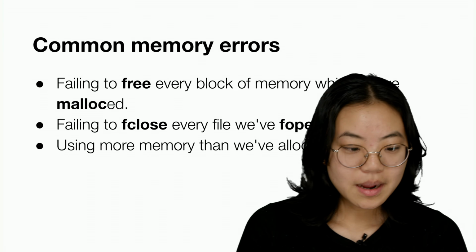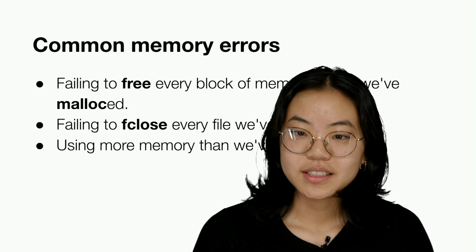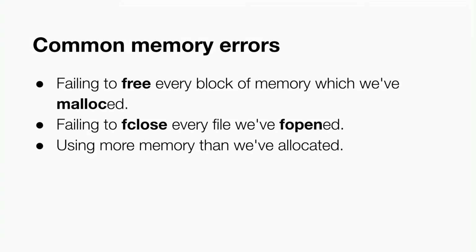A few more memory errors that are pretty common: what we just saw was failing to free every block of memory which we've malloced. So if I didn't have that free call at the end, that would be a memory error. Failing to fclose every file we've fopened. We're going to see in a second, working with files, we also need to make sure that we're dealing with that memory correctly.